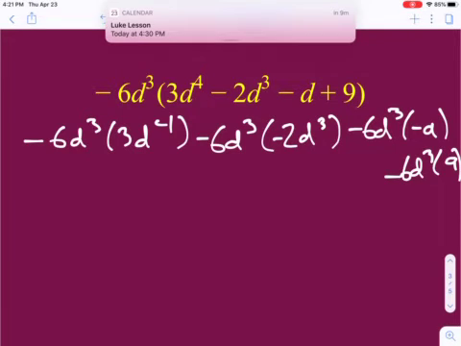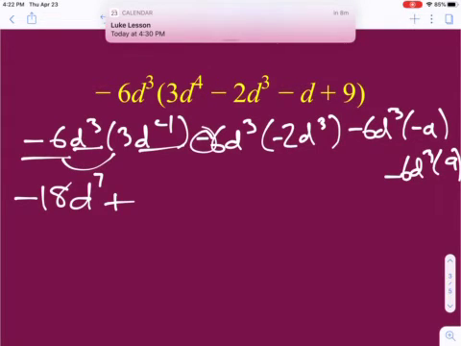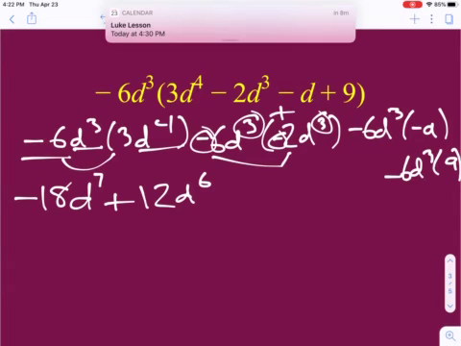Okay, so this first one, negative 6 times 3 is negative 18. And then d to the third times d to the fourth gives me d to the seventh. Then plus, because you have a negative times a negative, and then 6 times 2 is 12. And then we're going to have d to the sixth because you've got 3 plus 3, right?